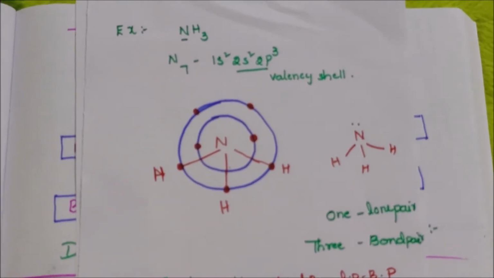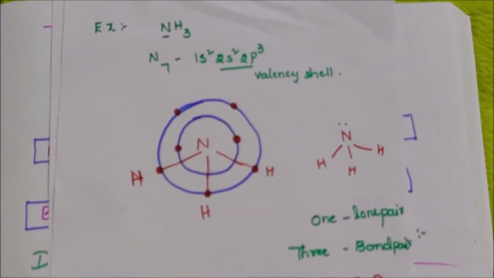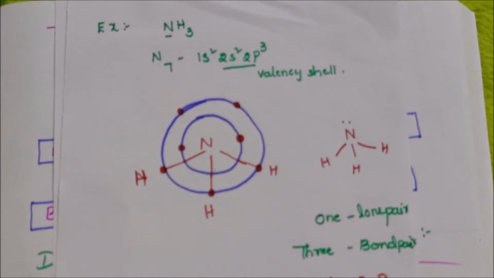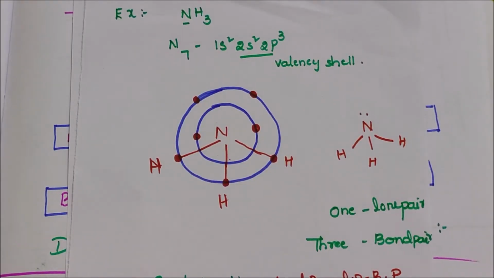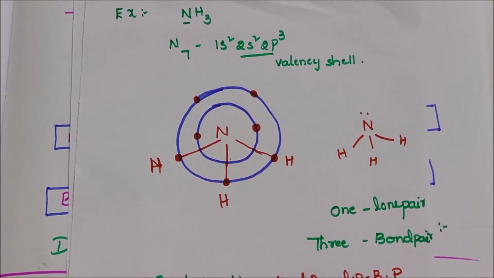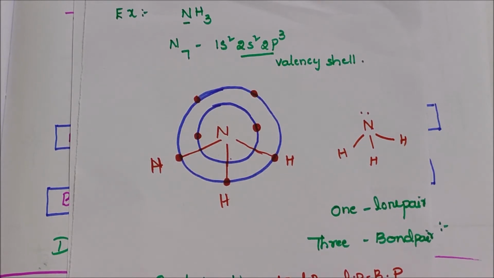So the electronic configuration is 1s2, 2s2, 2p3. Nitrogen contains two shells, that is 2 orbits. The first orbit contains 1s with 2 electrons, and the outermost shell, 2s and 2p, contains 5 electrons in the valency shell.